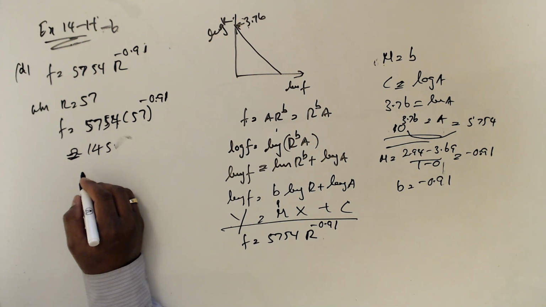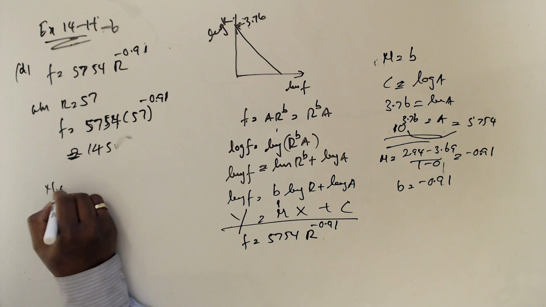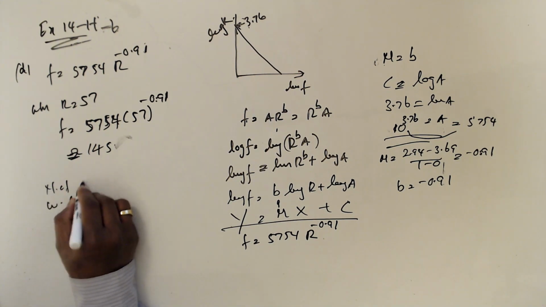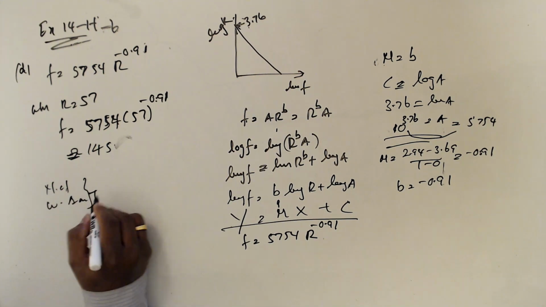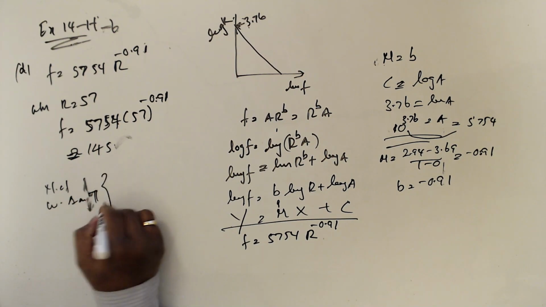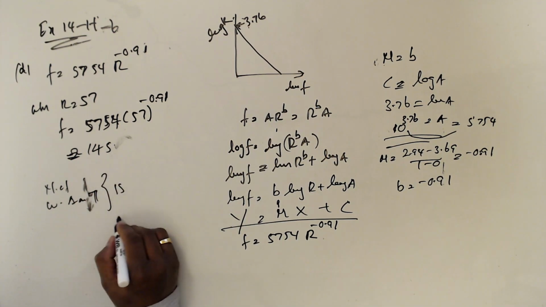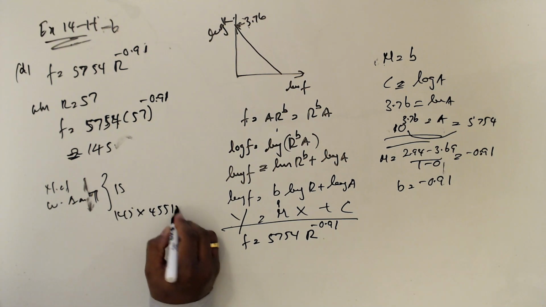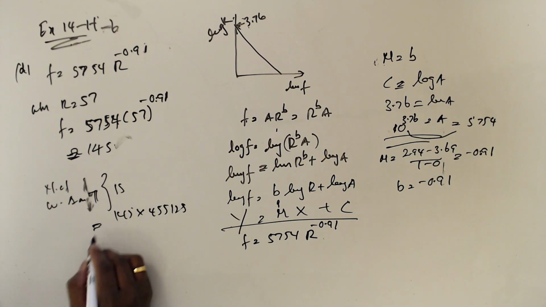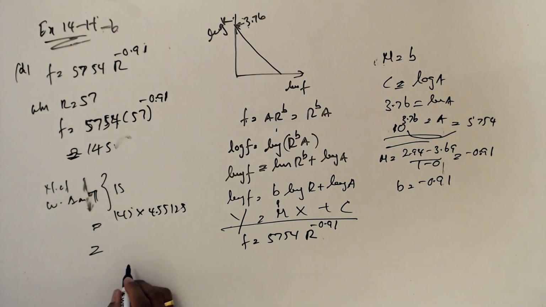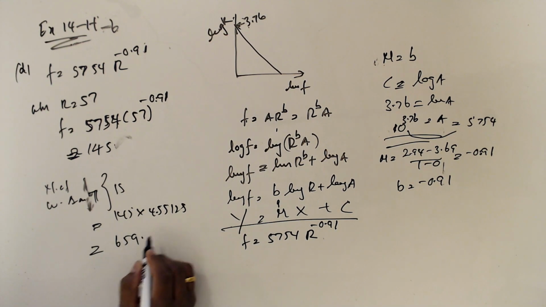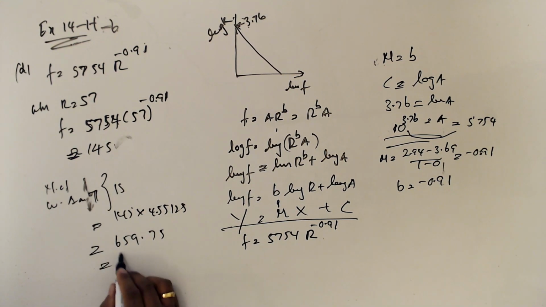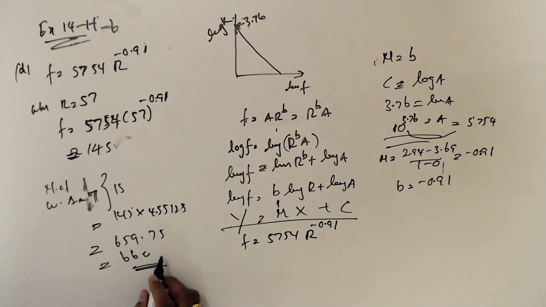the number of times the word appears in the trilogy is 145 multiplied by 455125, which is going to be 659.75, approximately 160 times.